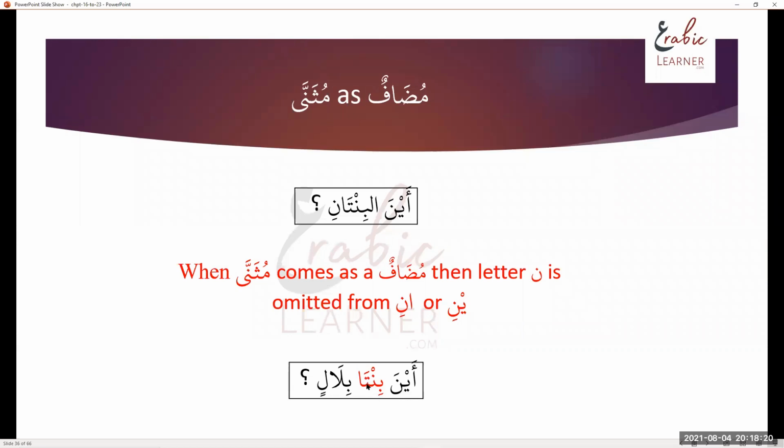If I say Aina binta without alif, without elongating my sound, it will be wrong. It will assume that I'm talking about a single daughter of Bilal. Binta Bilalin means daughter of Bilal. But if I say binta with elongation, that means two daughters of Bilal.